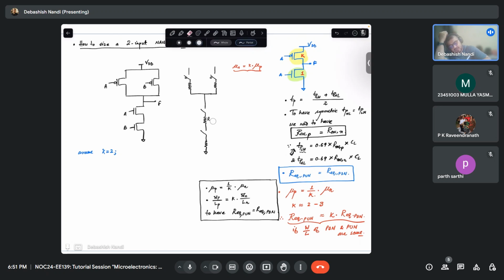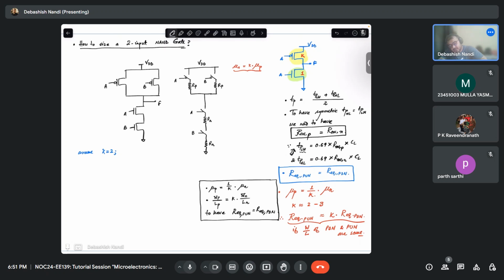It should be on resistance only when it is on. So this is Rn, this is Rp, this is Rp, and this is my VDD. So this is A, this is B, this is A, this is B.